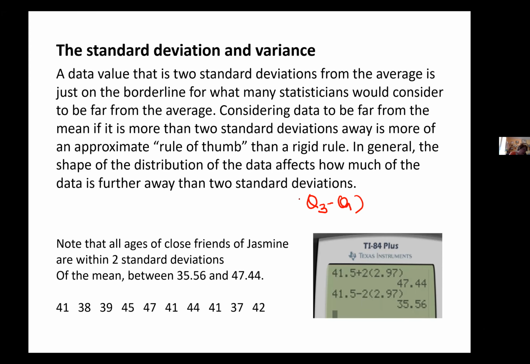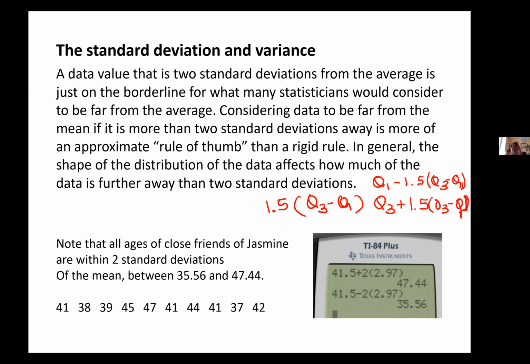And we multiplied that by 1.5. And then we looked at, do I have any values that are smaller than the first quartile by that amount? Or do I have any values that are larger than that? And we said those could be outliers.